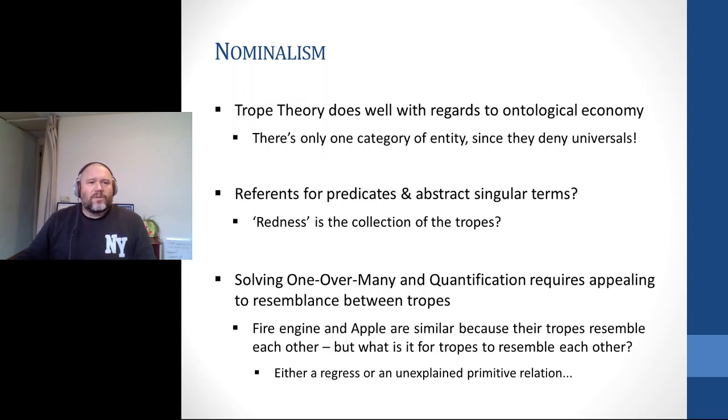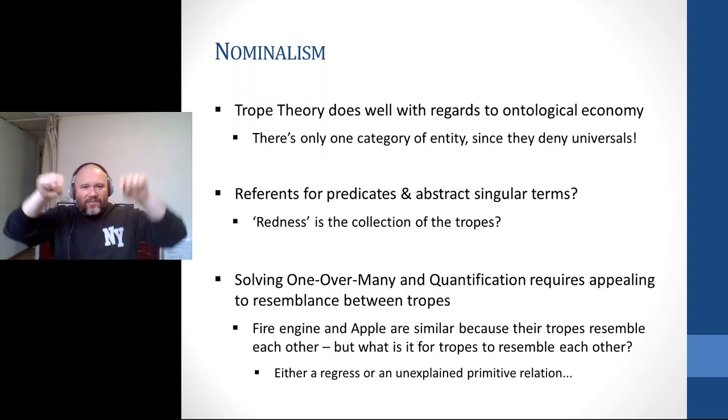And here, unfortunately, trope theory faces a major issue. In effect, they fall back into a problem that's very similar to what we talked about before. It looks like resemblance is either going to have to be something that can be explained by resemblance tropes.